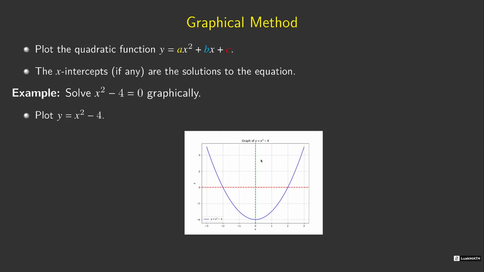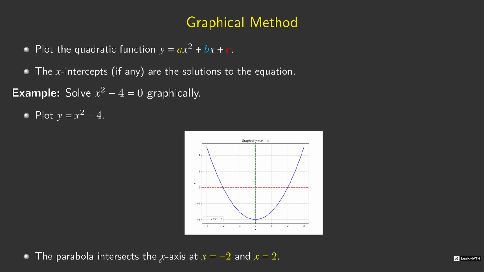And then there are 2 axes that you need to know. This vertical axis here is the y-axis, and the green horizontal line is the x-axis. You can see x runs from maybe -3 to 3 here, and then y from -4 to 4, something like that. Okay. So now, how can we read off the solutions from here?